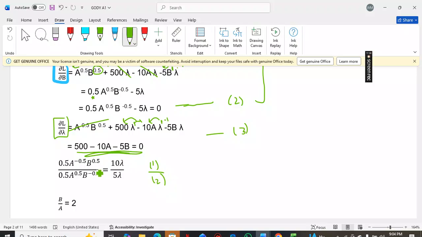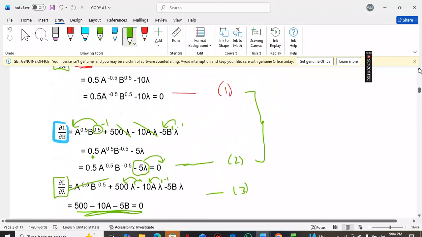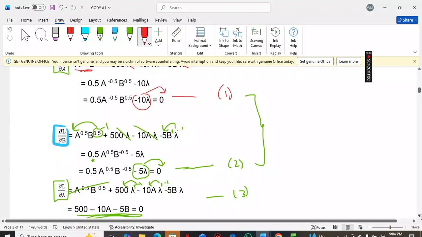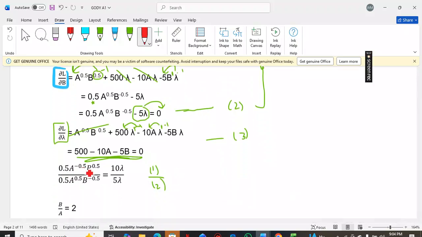As you can see here, this 10 lambda and this 5 lambda, I just moved them out of the equal sign here. They came here. This negative 10 lambda goes over this side. That's why I've written it like this: negative 0.5 a to the power negative 0.5 b to the power 0.5 equals 10 lambda.